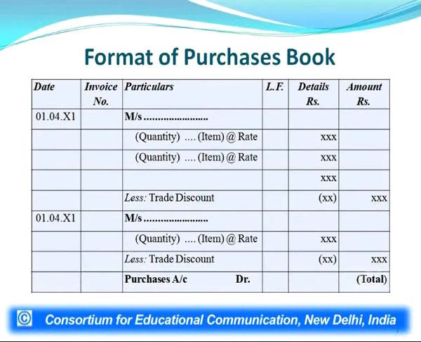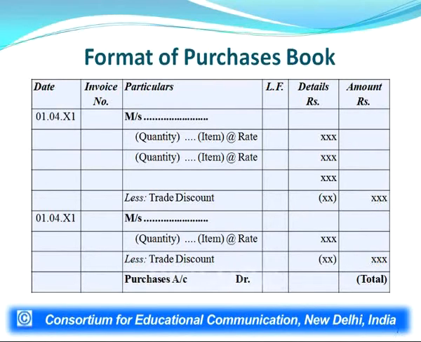As there may be more than one or two items, we could write them in the detail column, then make a total, and if trade discount is given, then we shall deduct the trade discount, and the final amount shall be recorded in the amount column. Then the second transaction is similar, with quantity purchased.